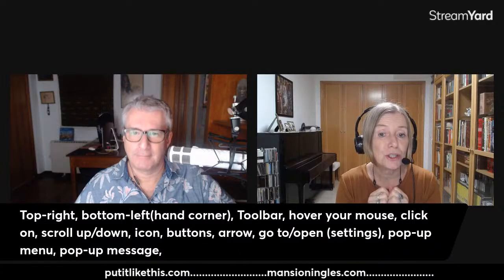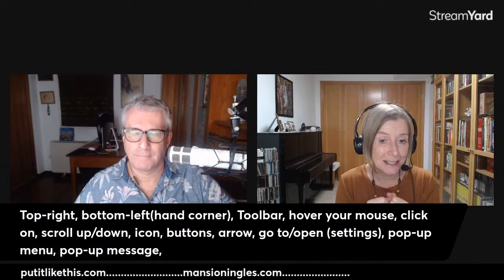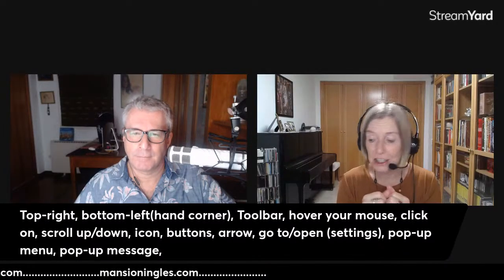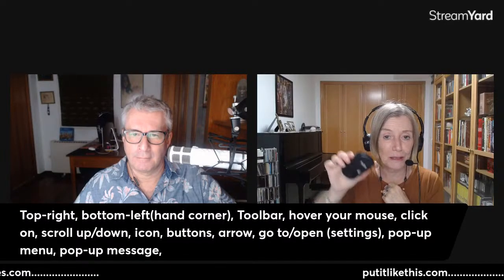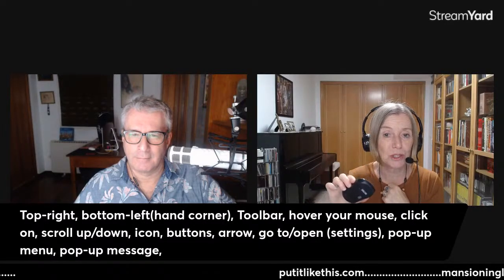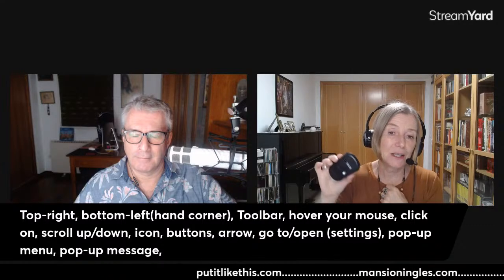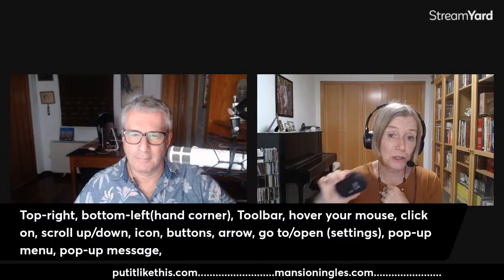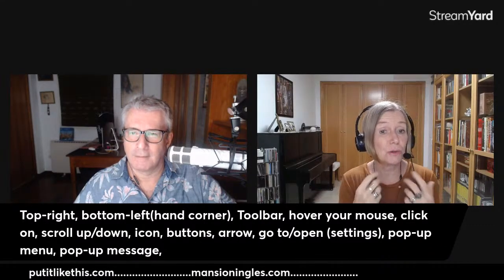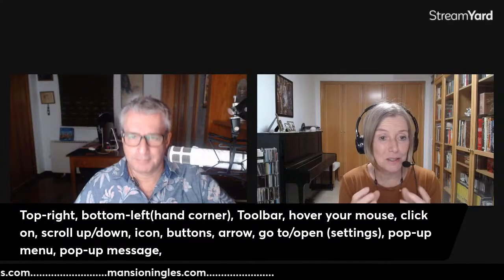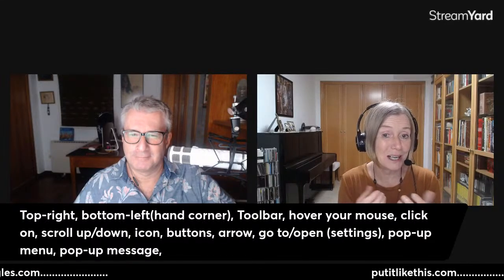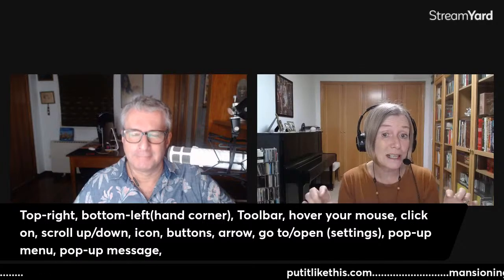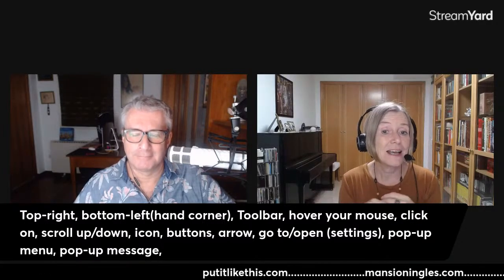Exactly. Now, in Zoom, the toolbar, which usually is at the bottom of your picture, only appears when you actually take your mouse and hover your mouse. You put your mouse down to the bottom of the screen. And when the mouse goes over the bottom of the screen, then the toolbar appears. Otherwise the toolbar is invisible, so it doesn't bother you while you're doing it, it's not always permanently there.